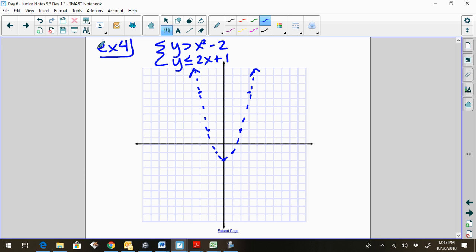And then the next one, we start up at 1 and our slope is 2. So up 2 over 1. And then down 2 over 1. And this keeps going, and it's equal to, so we can make a solid line.